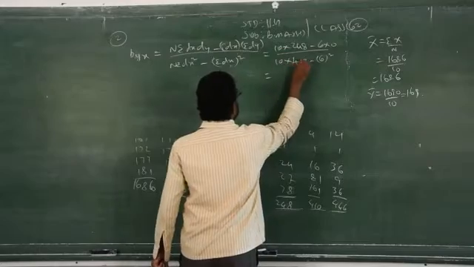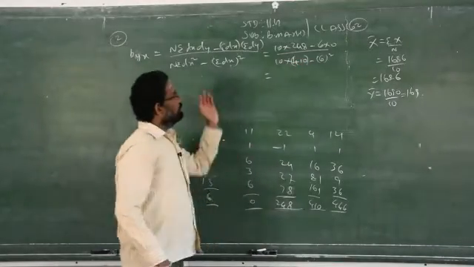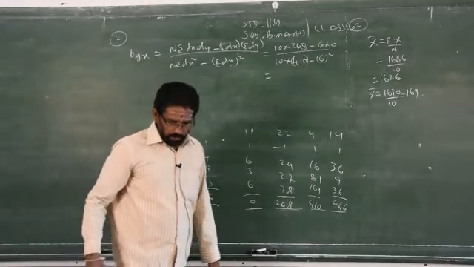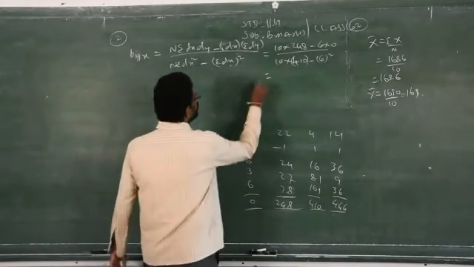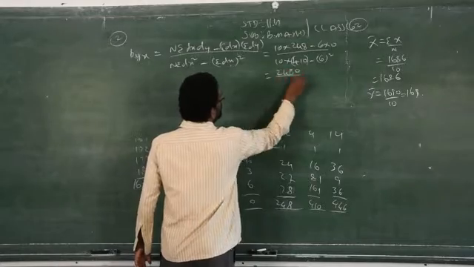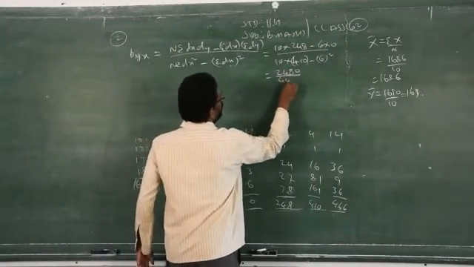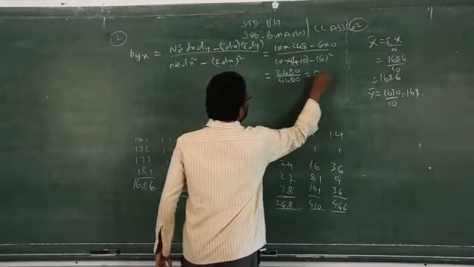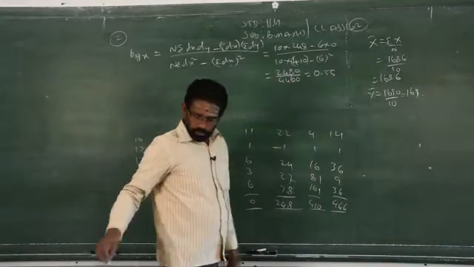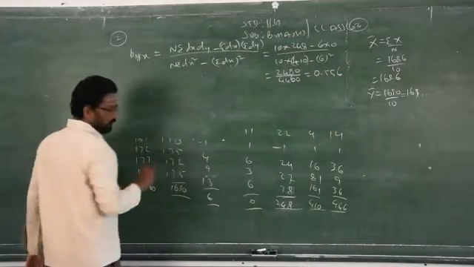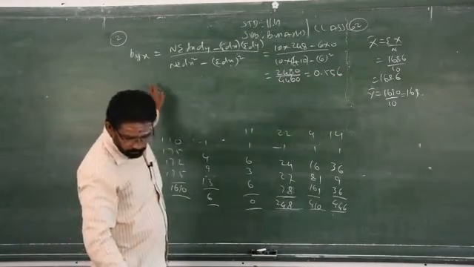So simplify, just you multiply and simplify, you will get the answer as 2480 by the denominator 4460. 2480 by 4460 is equal to 0.556. Clear?